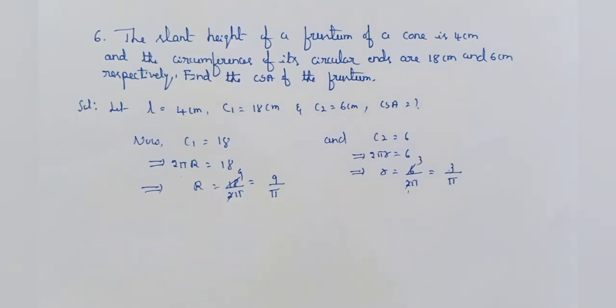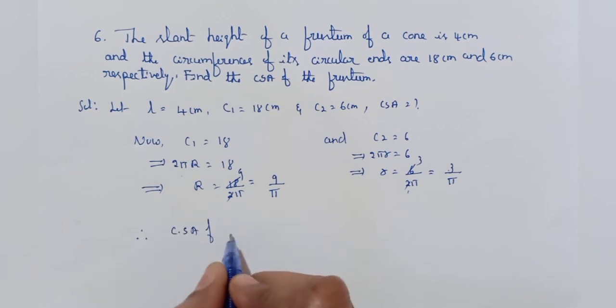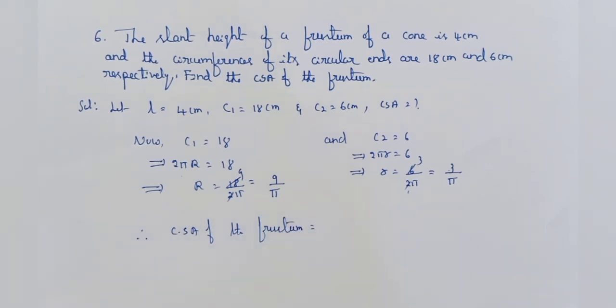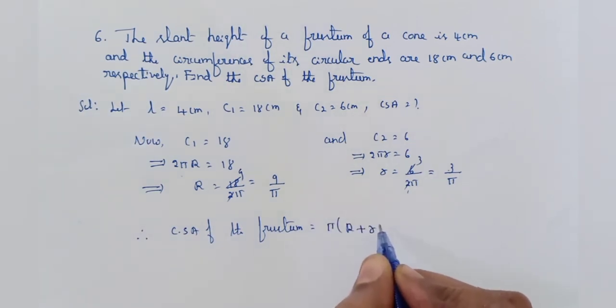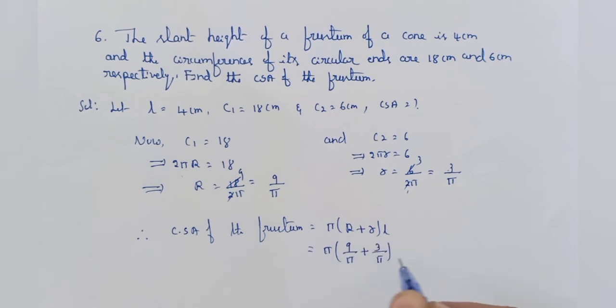Now we know the radius of the upper end and the radius of the smaller end. Next, CSA, curved surface area of the frustum. You know the curved surface area of the frustum is pi into (capital R plus small r) into L. So pi, write as it is, capital R is 9 by pi, small r is 3 by pi and the slant height is 4 centimeter.